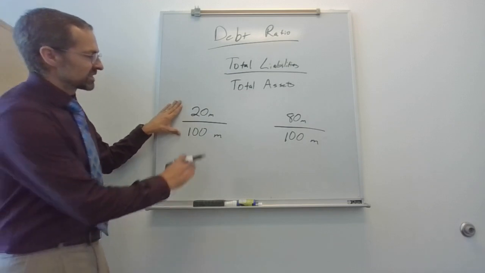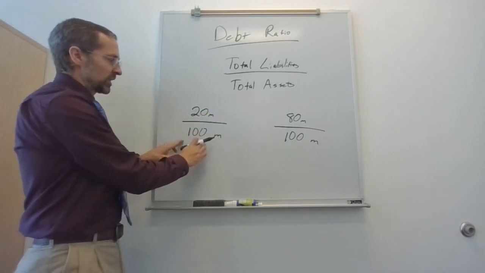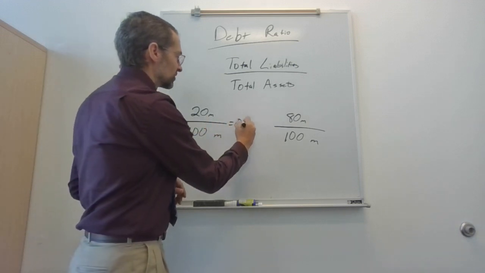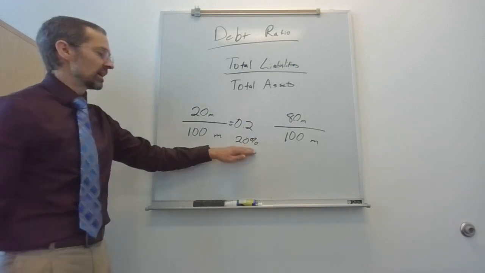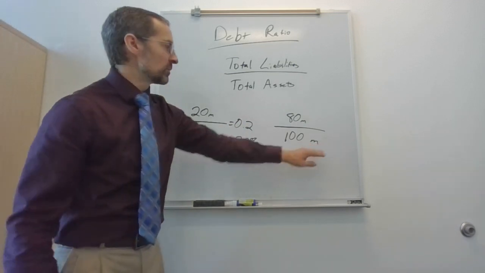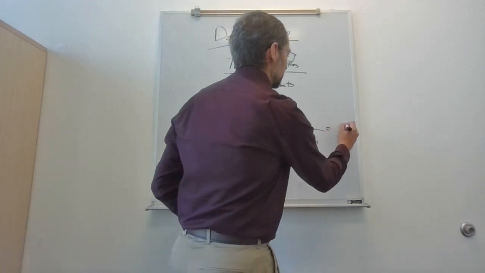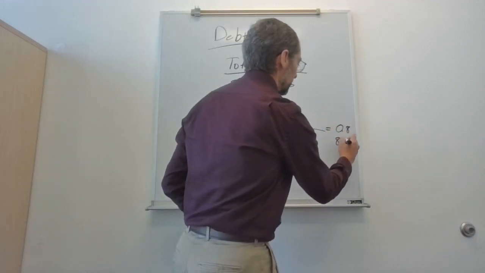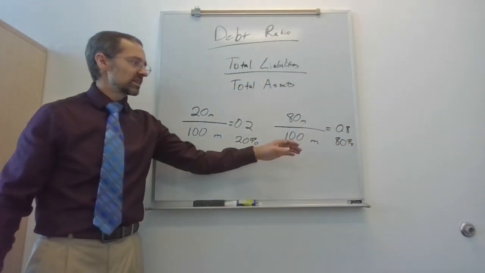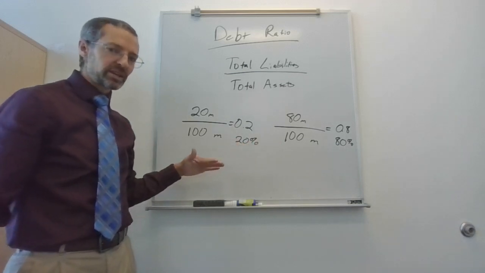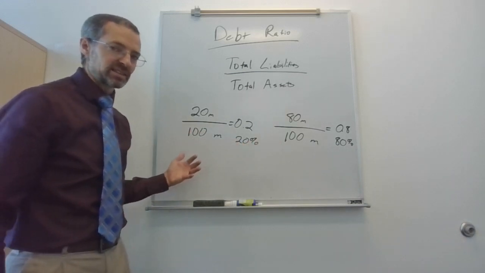So let's look at this and calculate it. 20 million divided by 100 million is 0.2, or you can think of it in percentage terms as 20%. This company over here would be 0.8 or 80%. Now, what does this tell us? It tells us a couple of things. How did the company buy its assets?